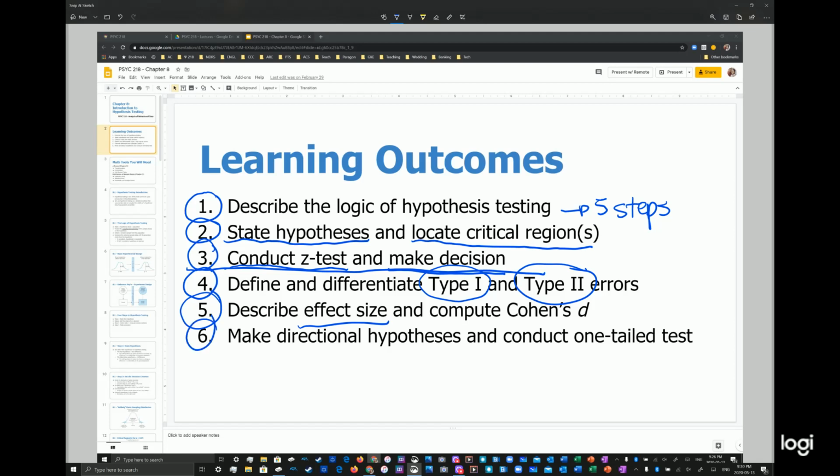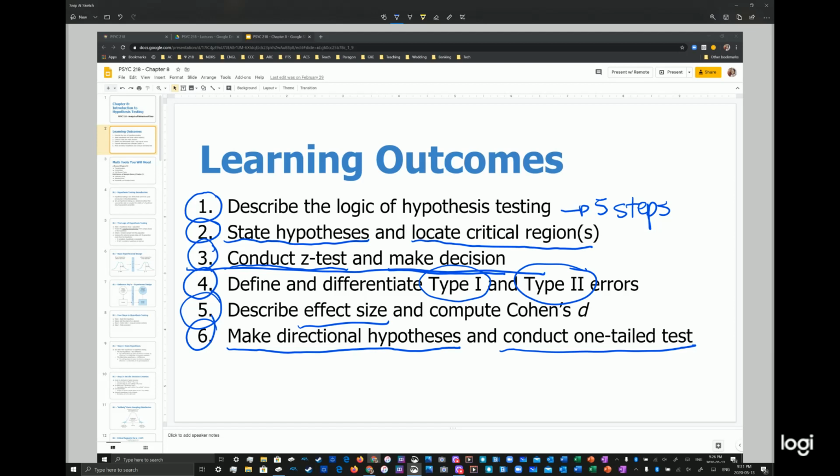And number 6 then is we're going to apply all the outcomes we've learned and start making different kinds of hypothesis tests, like whether we're just looking to see if the sample mean is just different. It could be above or below the mean. Or if we're looking at whether the sample mean is specifically above or below the mean.